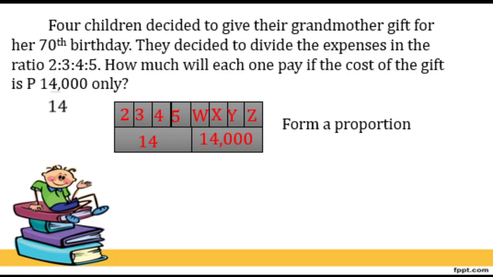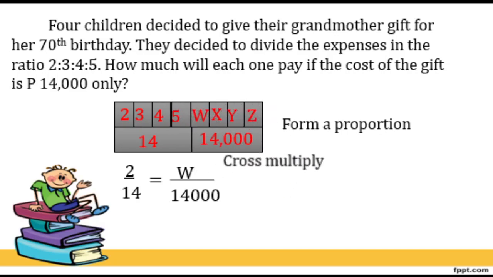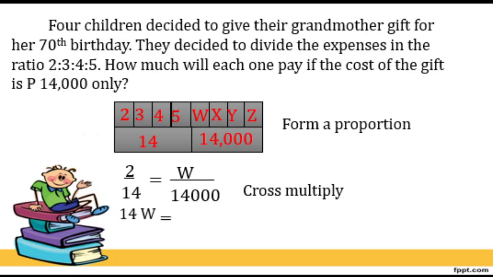Then form a proportion or ratio which is equal to 2 is to 14 as W is to 14,000. So cross multiply. So that is 14W is equal to 2 times 14,000, which is equal to 28,000.